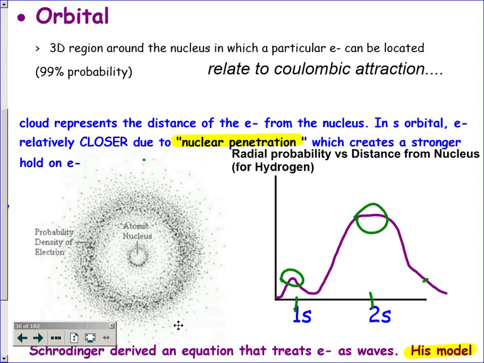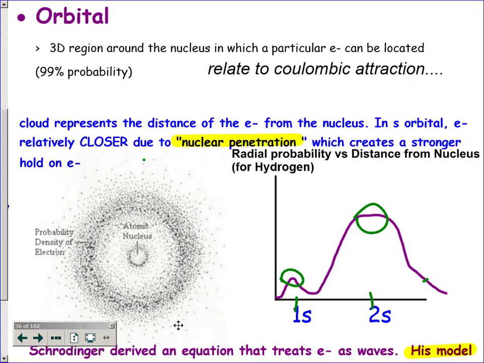So I'm going to draw a picture over here. This is the probability distribution. You can see it's very much a scatter plot because they're saying we're pretty sure the electron is either here or here or here. There's a big blob, so we can't pinpoint it. But we say in this general cloud region, there's a 99% probability where the electron exists.